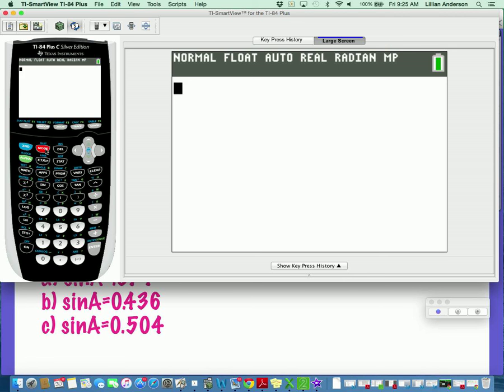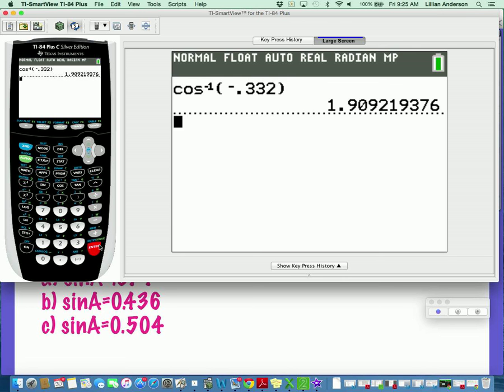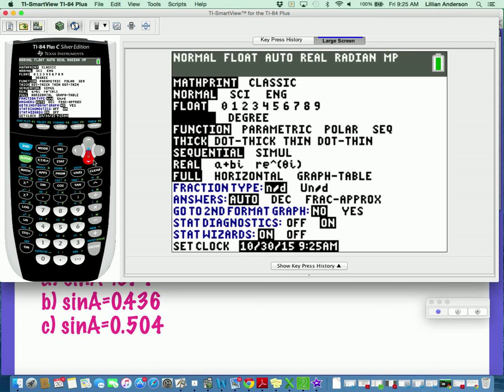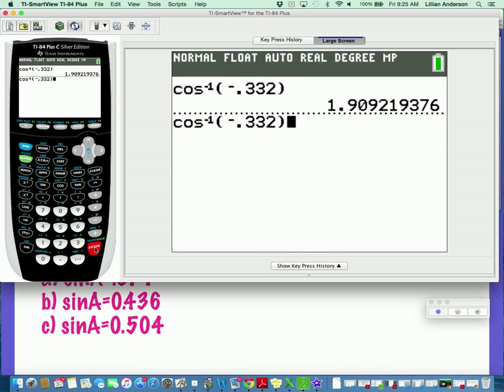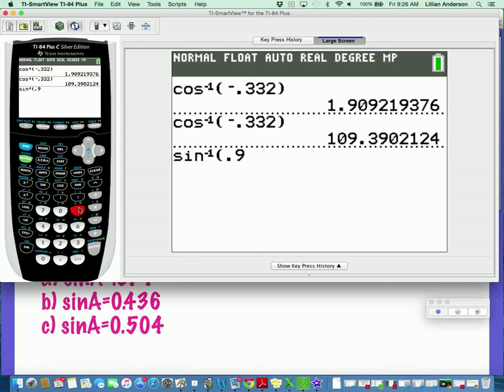So if you're in the second quadrant and you do the cosine inverse of negative 0.332, and then the sine inverse of 0.943, what do you notice? They are different. They add up to 180.